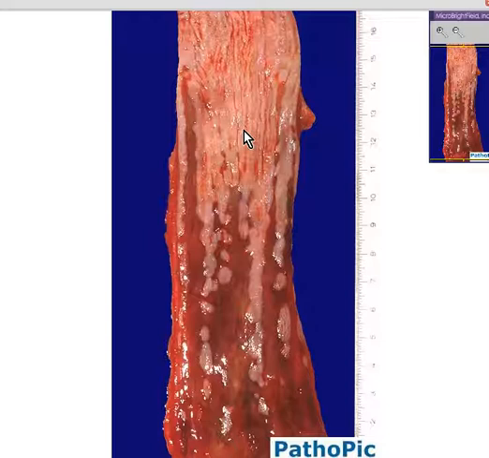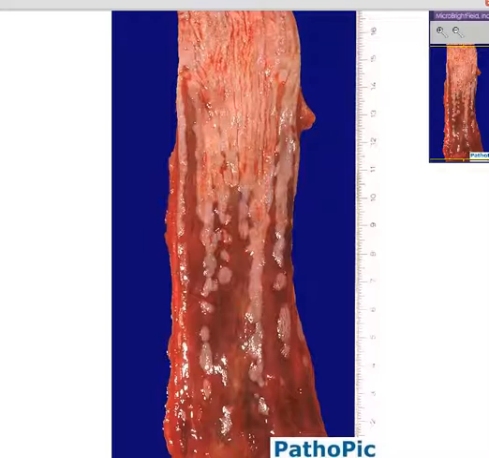That's exactly the concept of Barrett esophagus. It is an adaptive mechanism. It is a gastric epithelial metaplasia of a normal squamous surface.